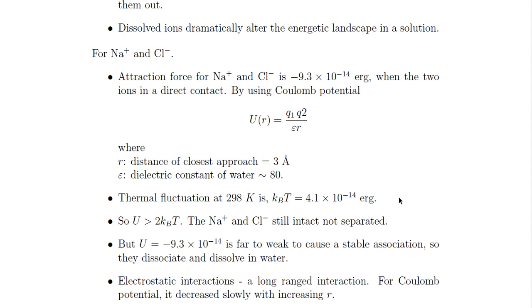So here we can say that the Coulomb potential is greater than the thermal fluctuation, so the Na plus and Cl minus are still intact and not separated. Meaning that even though they dissolve in the water, they are still near each other.